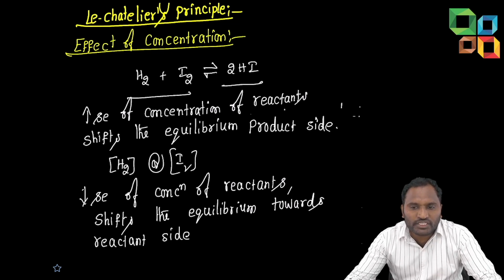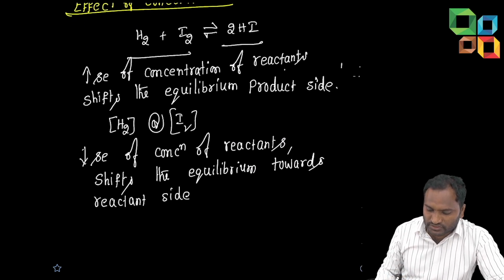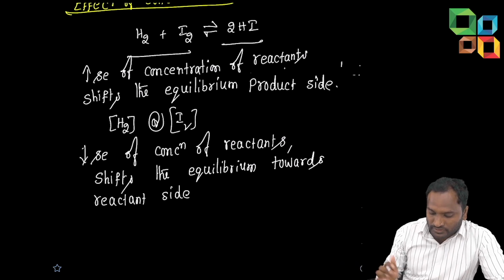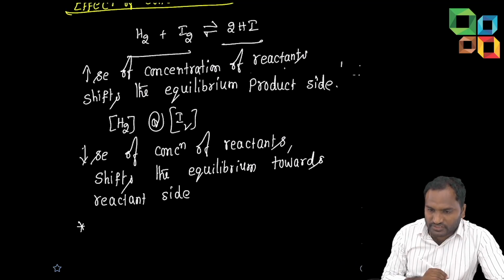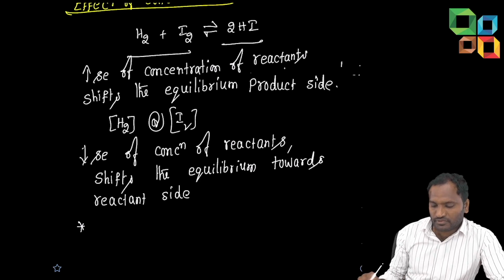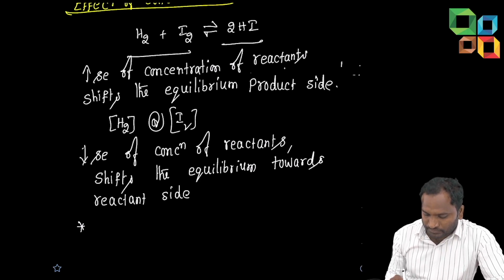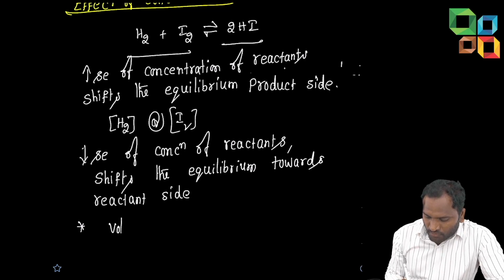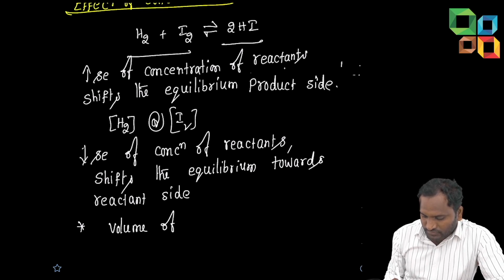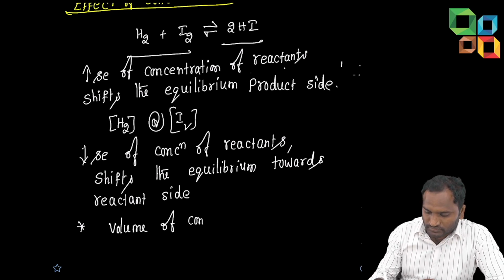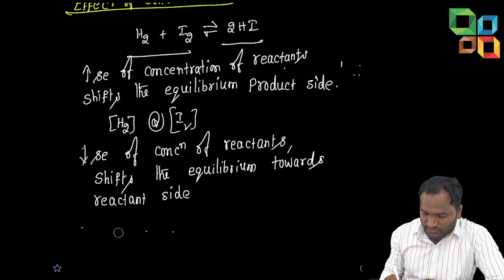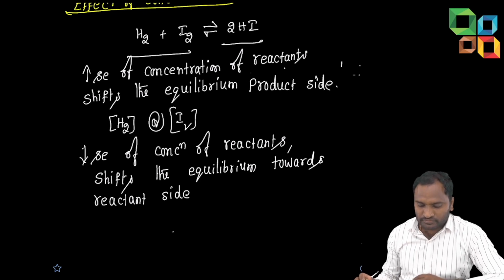So formation of HI is favorable only when there is an increase of concentration of either hydrogen or I2 or both reactants.